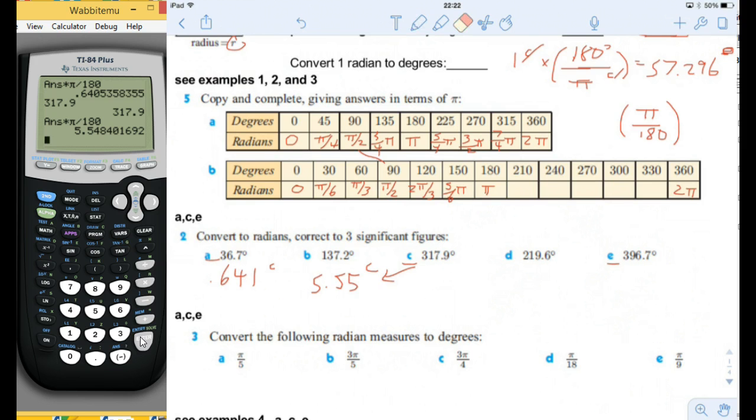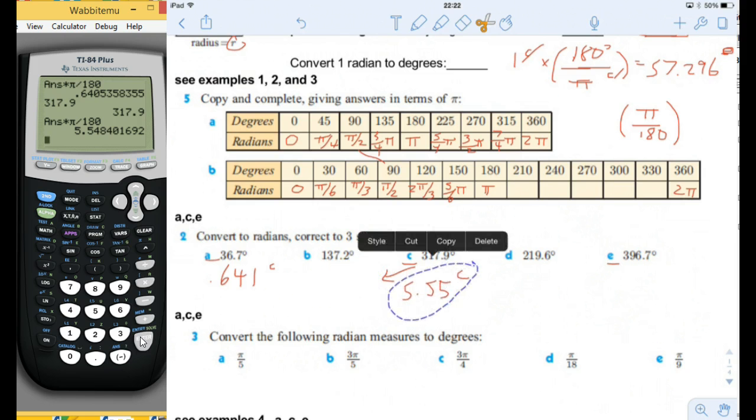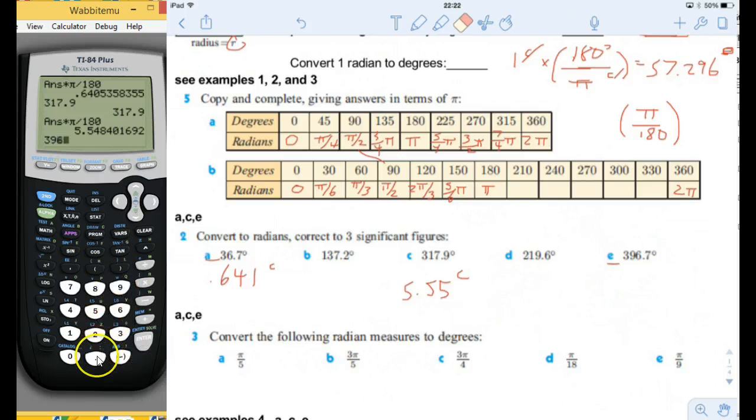Okay. And then 396.7 would be 6.92 radians.